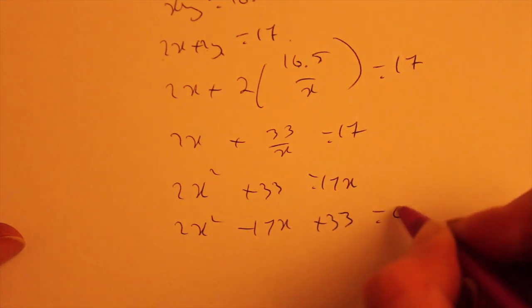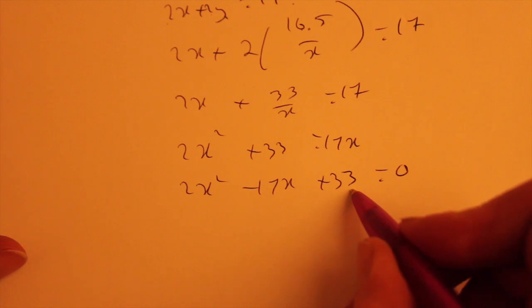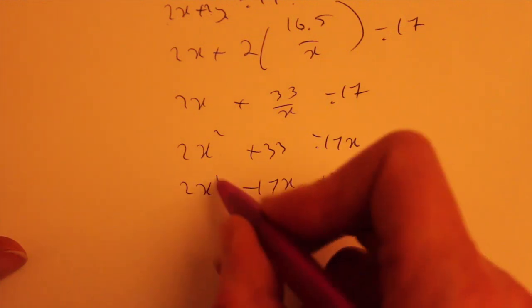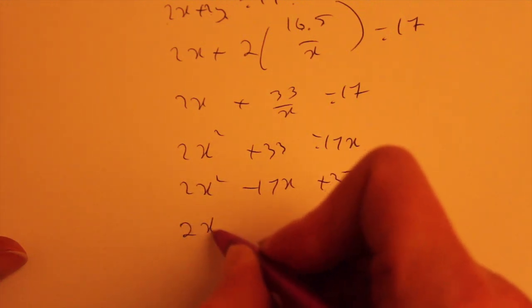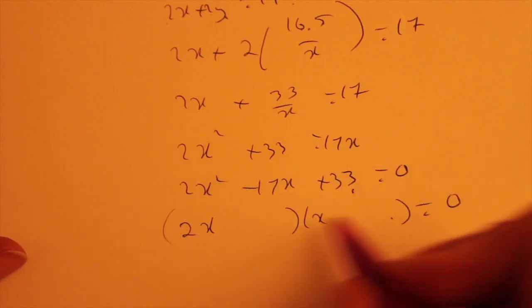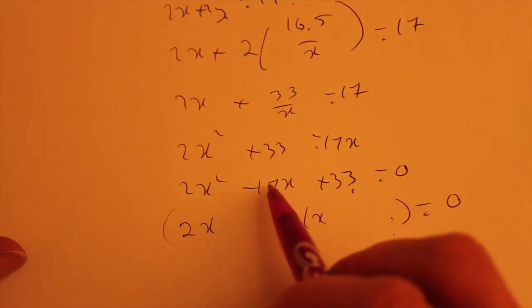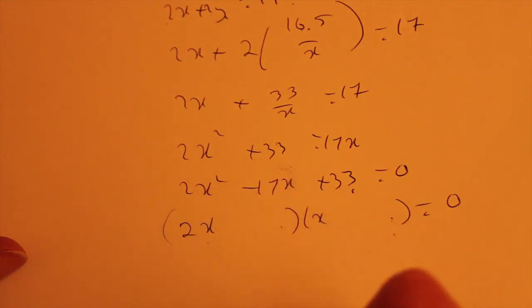Now it's a hard quadratic, so you're trying to think to yourself, what multiplies to give 33? So you've basically got 11 and 3 are 33, and 33 and 1. What multiplies together to give 2x squared? So 2x and an x. If I put 33 and 1 in here, if I had 33, I would get 66, which is way too big to help me get minus 17.